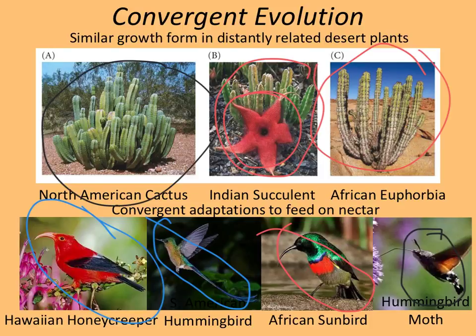So on the left, that's a Hawaiian honey creeper. It's called an iiwi. There's a lot of honey creepers in Hawaii. In the Western Hemisphere, they're hummingbirds. We have about 14 total in North America, but in South America, in the Caribbean, there's about 330 total. They all make a living the same sort of way, right?